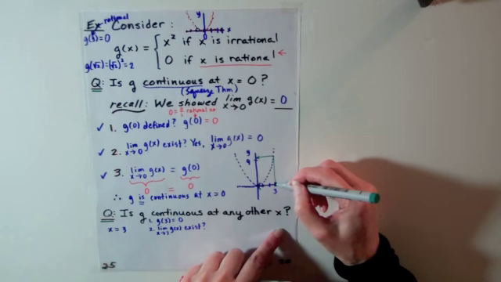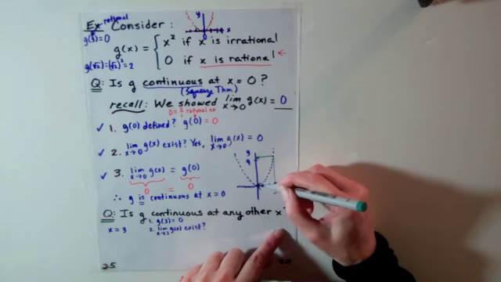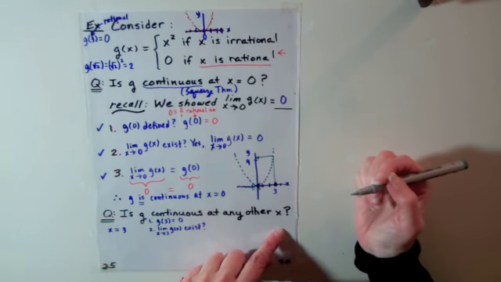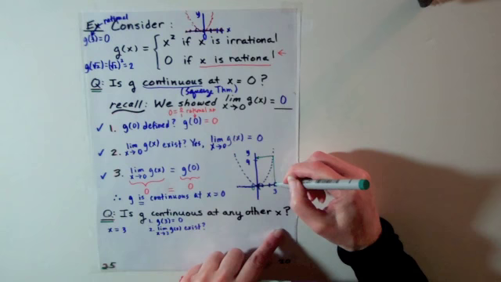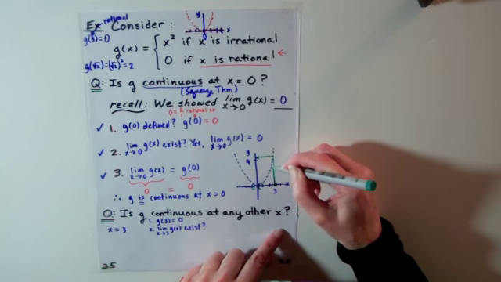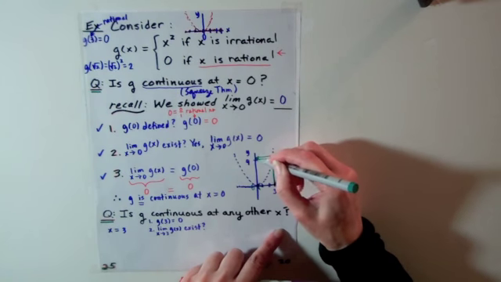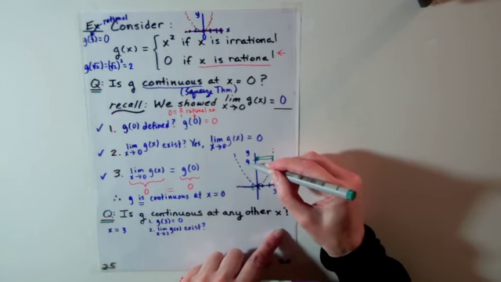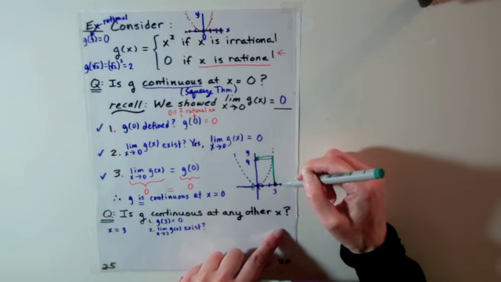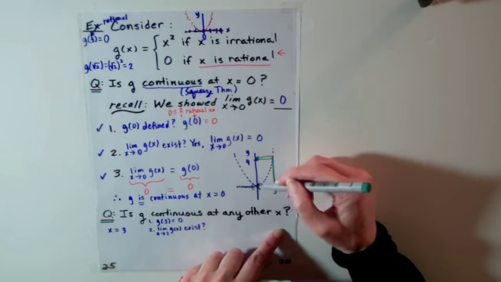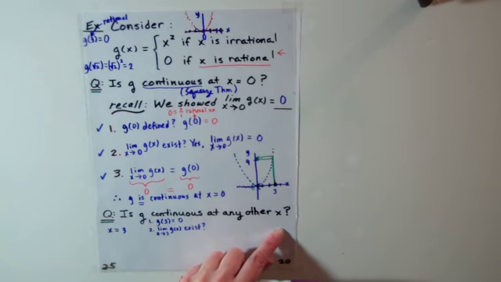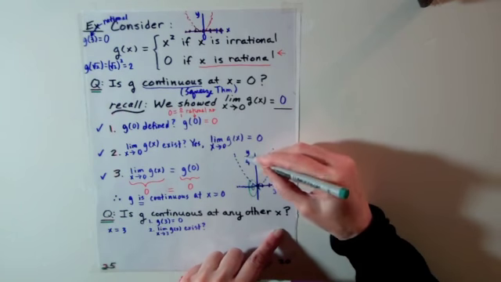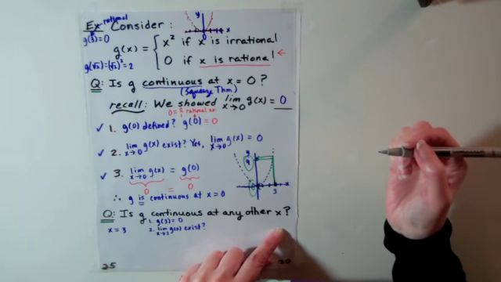But there will always be another rational number even closer to 3, and so then I would end up with an output of 0 again on the y-axis, and closer still to the number 3 will be another irrational number, and so I'll go up to the parabola and over and pick something that's closer to 9. The question becomes, as we're getting closer and closer to 3, are the y's collecting around one single number on the y-axis? And unfortunately, they are not. They're collecting around two numbers, namely 0 and 9.